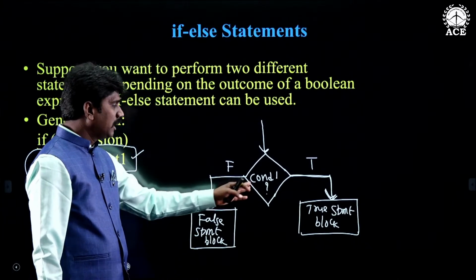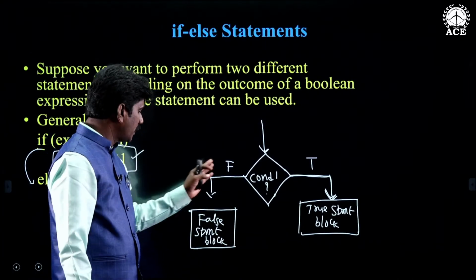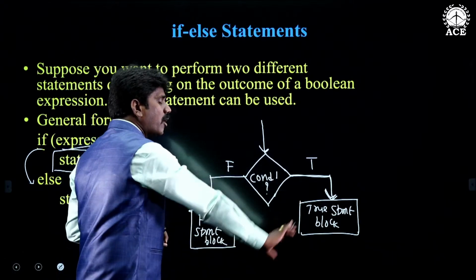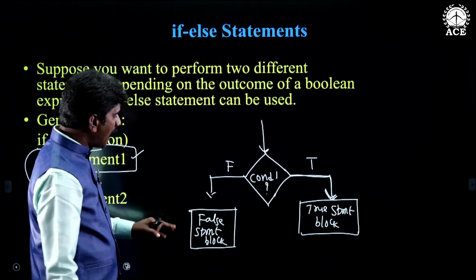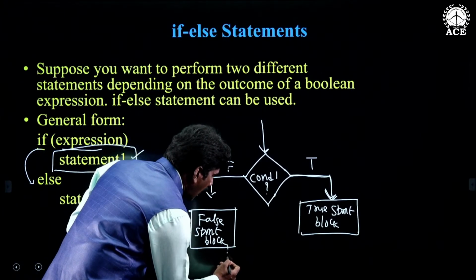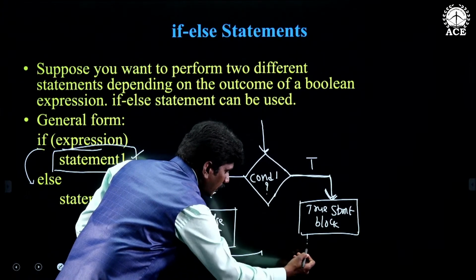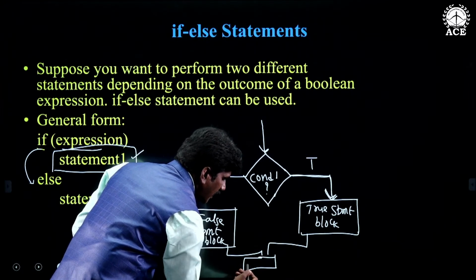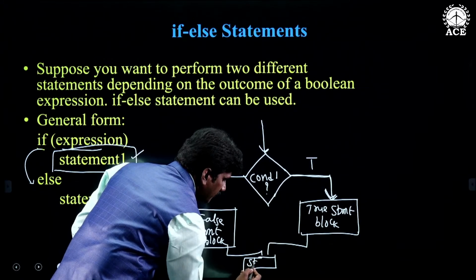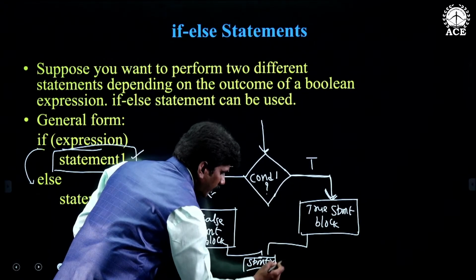If condition 1 is false, in that case the true statement block will be skipped and the false statement block will be executed. And in both cases, after the execution of these two, if there is another statement, then whatever statements we have after this will be executed, like statement X we can say.